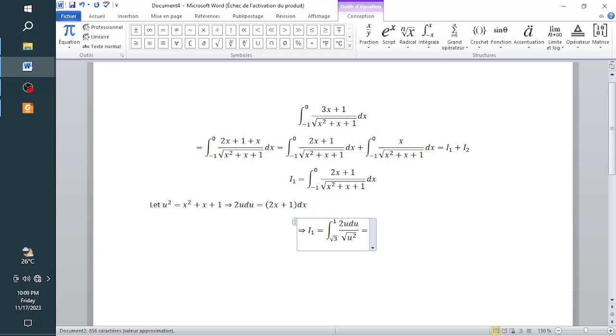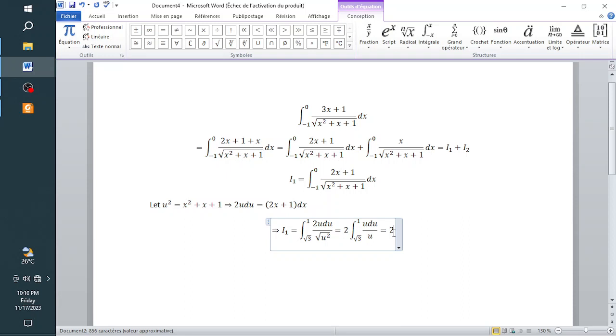So this becomes 2 times, the square root of u squared is u, because u is a positive interval. Now u cancels u, and when you integrate du, you just have u.